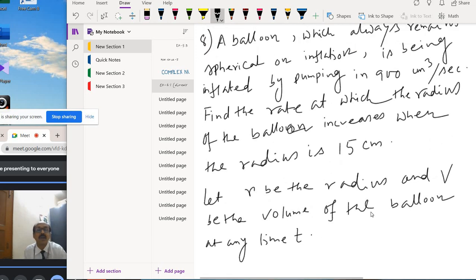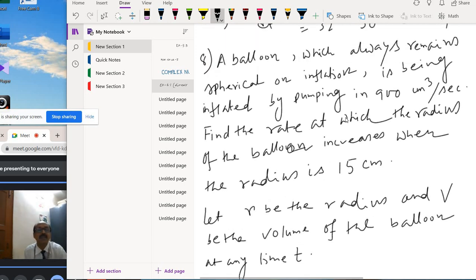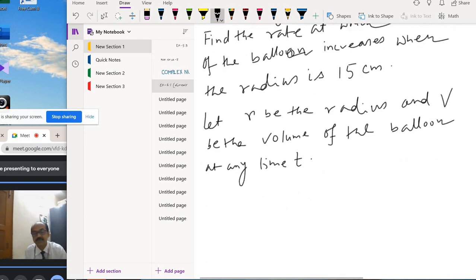Now it is given in the question dV by dt is 900 centimeter cube per second. So according to the question, dV by dt is 900 centimeter cube per second.